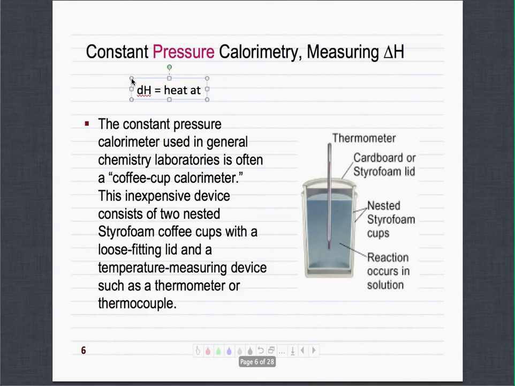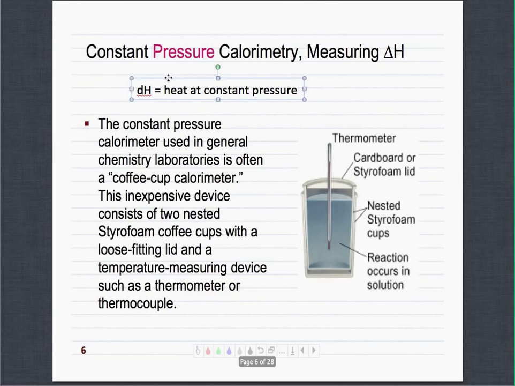This works because we're putting these two styrofoam cups on the lab bench, so the pressure is not changing. It is the atmospheric pressure of the room, so that we can measure the delta H using this method.